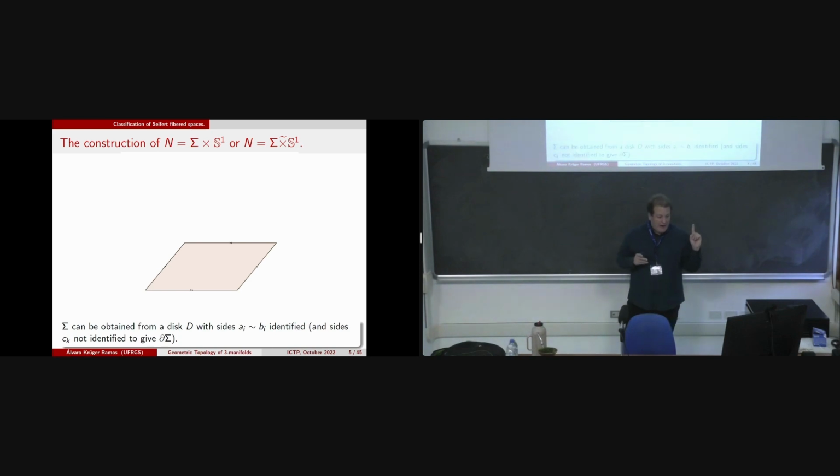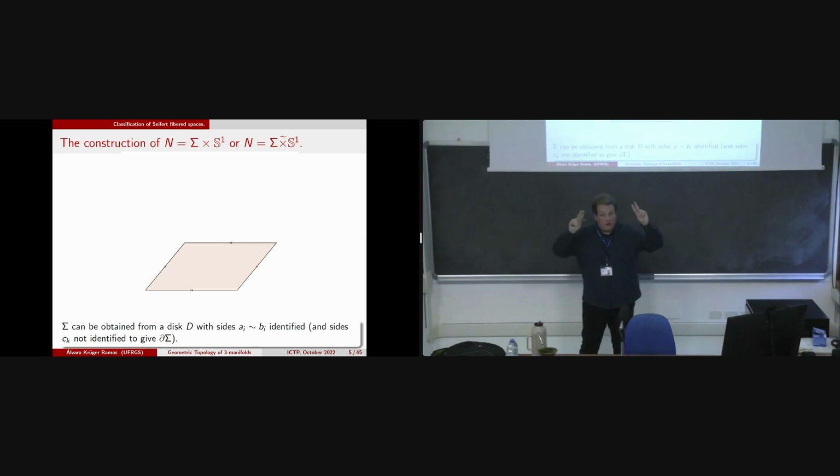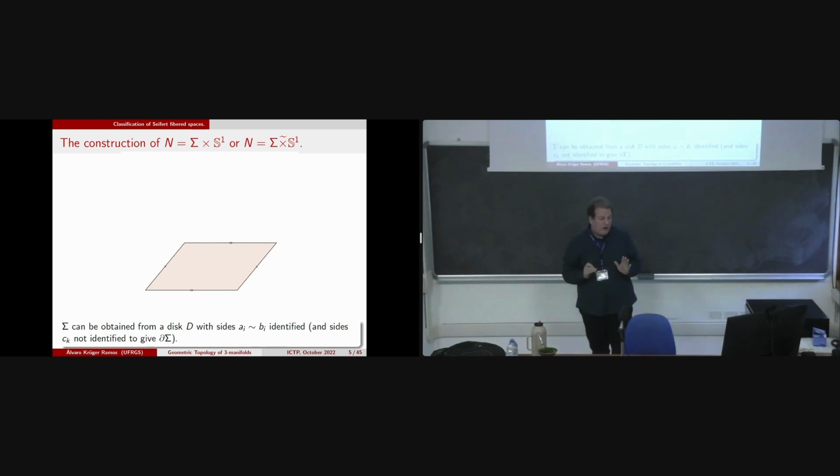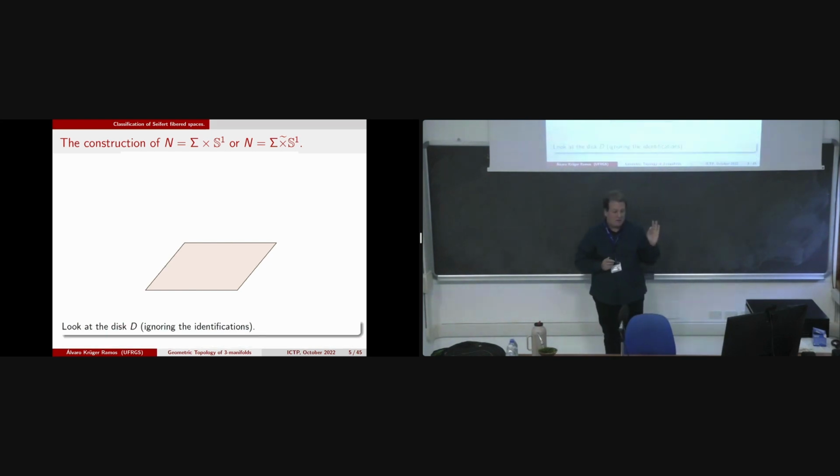So first, we know that any surface with or without boundary can be obtained from a disk in R2, a topological disk, with some sides identified. Think of a polygon in R2, and you will glue sides to sides, orientations reversed or the same, and some sides can be not identified to create the boundary of the surface. And you can always do such a construction. So you will look just at this disk for now.